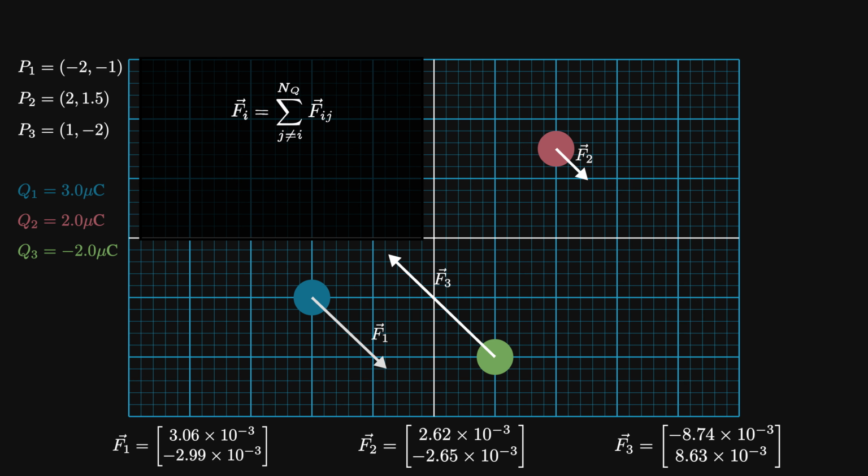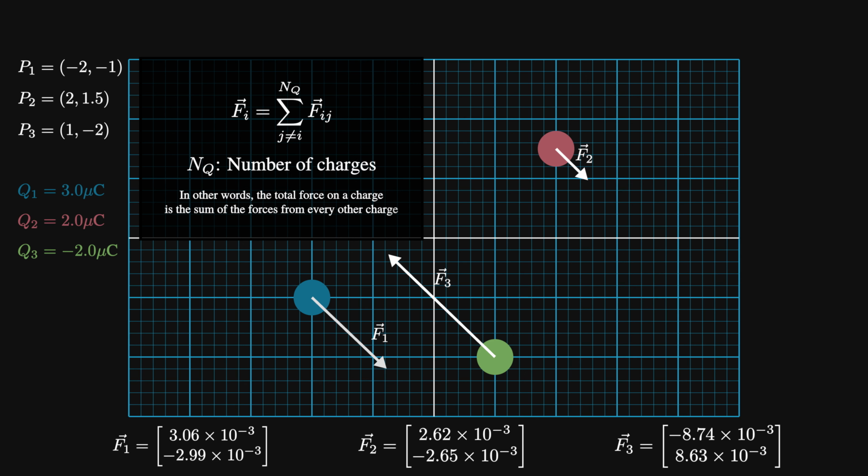If we want to get fancy, we can express the force on each charge Qi as the sum, denoted by a large sigma symbol, of the forces due to each other charge Qj, where the indexes i and j denote the charge label, and Nq denotes the total number of charges in the system. So, in essence, Coulomb's law describes the force experienced by each charge due to each other charge around it.